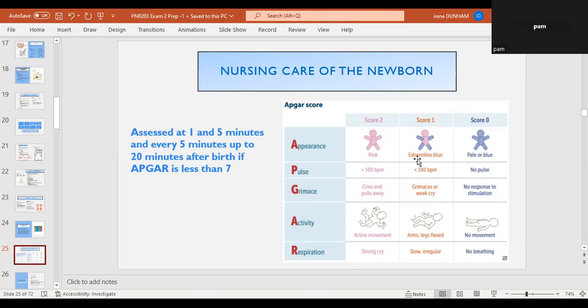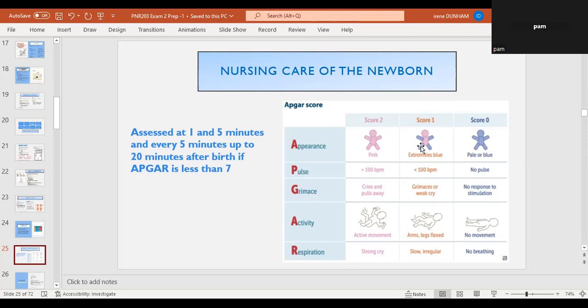We see what we call a baby born with acrocyanosis. All that is, is that the little hands and the little feet are blue, okay? That's because, remember, we have those different shunts of the heart that have to close and reverse the fetal circulation. So it takes longer for blood to get to the extremities.